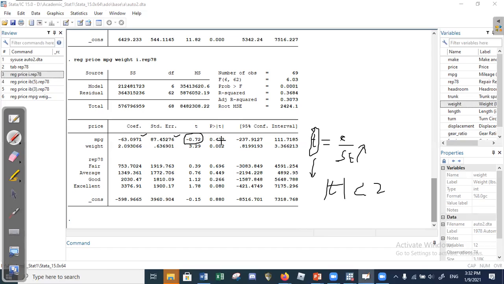And you will conclude that there is no significant effect of, for example, MPG on the price of a car, okay? But you may not be sure whether this insignificant P value, or this insignificant T ratio, is real, because ignoring the sign, the T ratio is 0.72, which is less than 2.